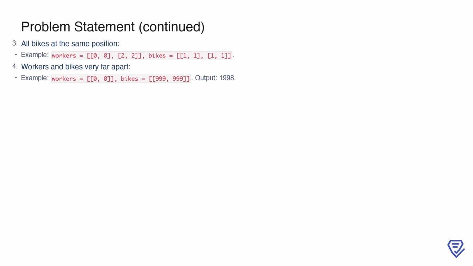Another edge case is when all workers share the same position, requiring careful assignment of bikes to minimize distances. Similarly, when all bikes are at the same position, the assignment must be optimized for worker positions. Finally, when workers and bikes are positioned far apart, the algorithm must calculate large distances accurately. These considerations ensure the solution works under all possible input conditions.